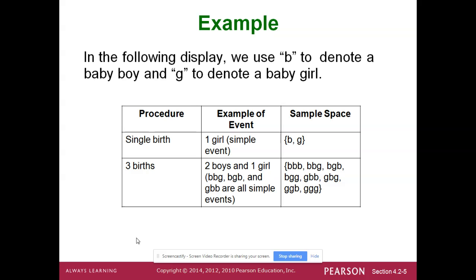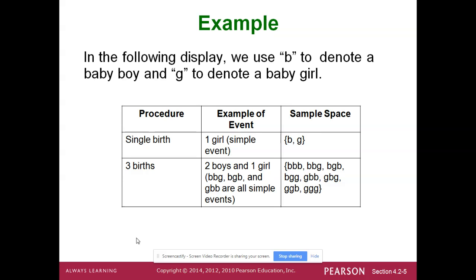One single birth. If you talk about 3 births, so my parents had 3 kids, 2 boys and 1 girl is an event in that procedure of 3 births. The possibilities for that are boy, boy, girl; a boy first, girl, then a boy last; and then a girl first, and then two boys in a row after that. Those are the simple events that could produce two boys and a girl.